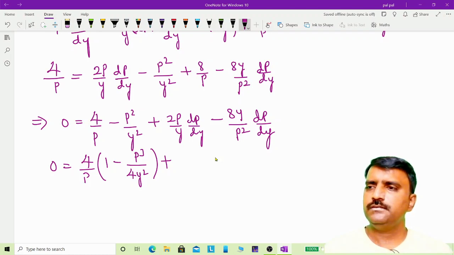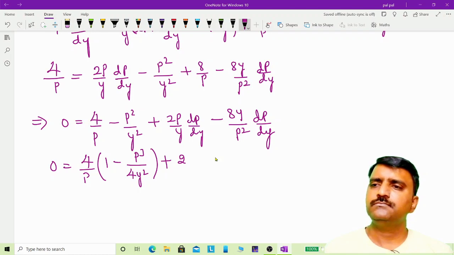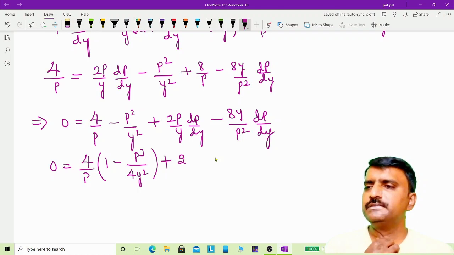So then this is, as here we are taking 4 by p as a common factor, 4 cancels. Okay, you take 2p by y. Or 8y by p square, you take it as a common factor, minus 8y by p square into dp by dy.